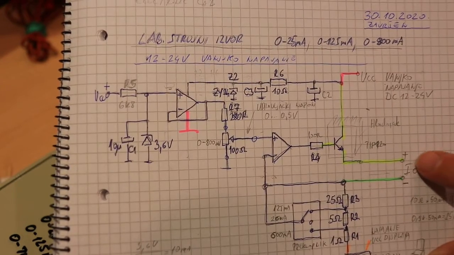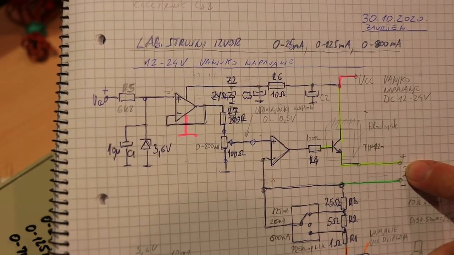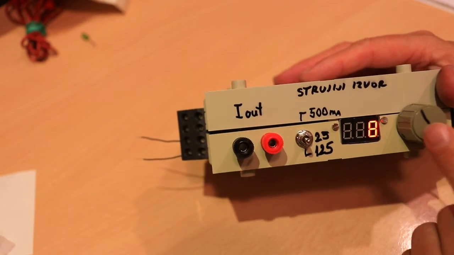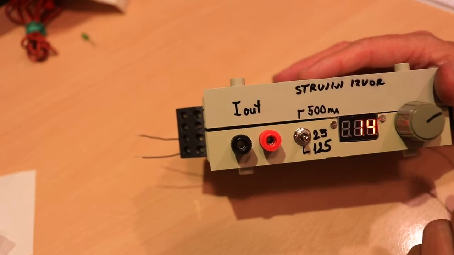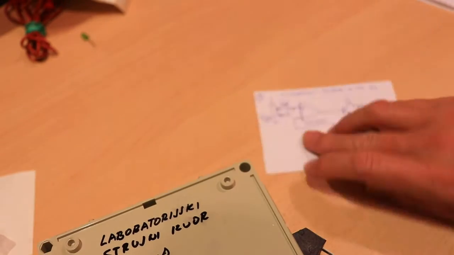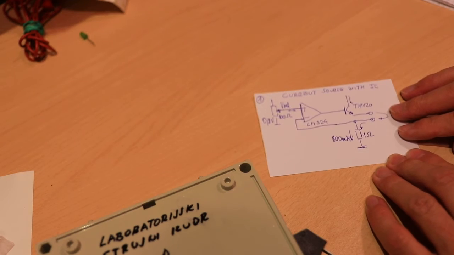If nothing is connected to output terminals, we expect no current on output, and I have here some current like we have load. Here is output circuit simplified.